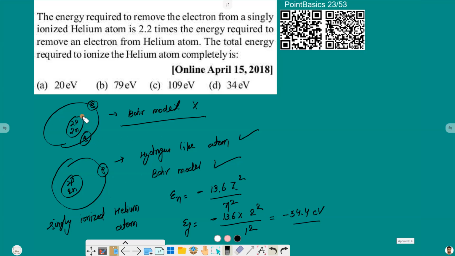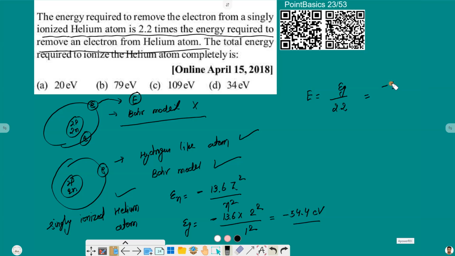But what we have been asked is to ionize a normal helium atom, not singly ionized. And we have been given the relation that the energy required to remove an electron from a singly ionized helium atom is 2.2 times the energy required to remove the electron from a helium atom. So if we want to remove an electron from this helium atom, let's say the energy is E. Then this energy E will be equal to the energy required to remove the electron from the singly ionized helium atom, that was Eg, divided by 2.2.